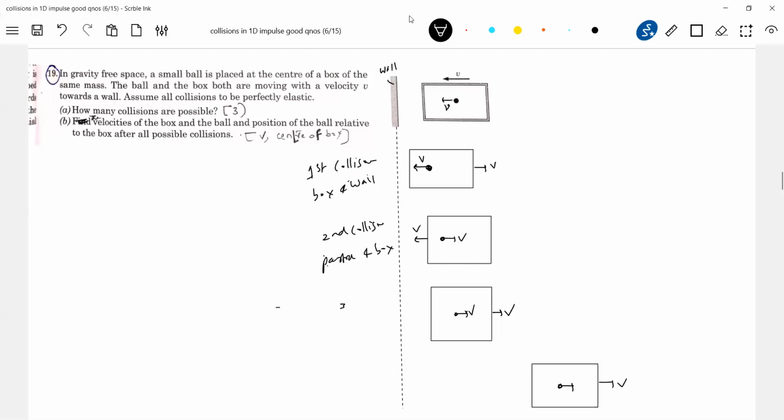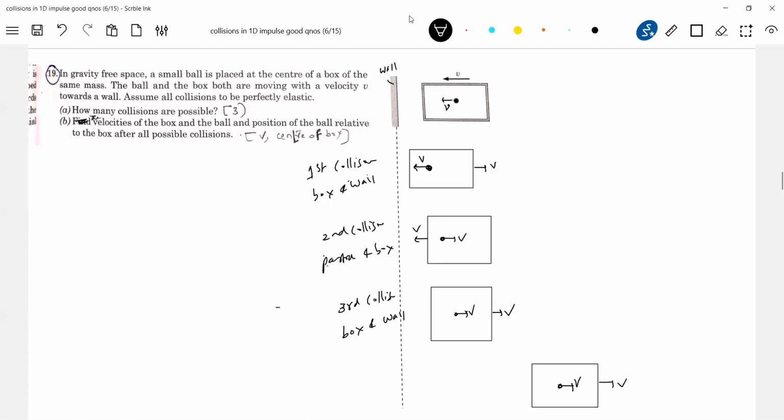Third collision, box and wall. This is what happens here. So three collisions are possible. Okay, this is about the velocity of the box and the ball. Finally both the ball and the box will be moving towards right. Okay, this part is over.